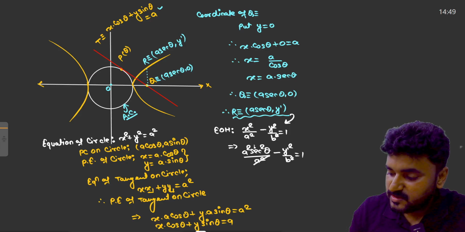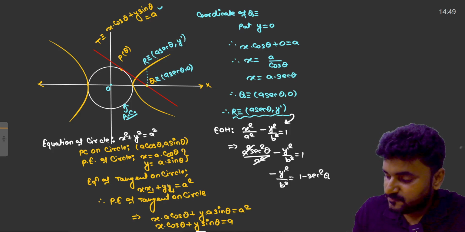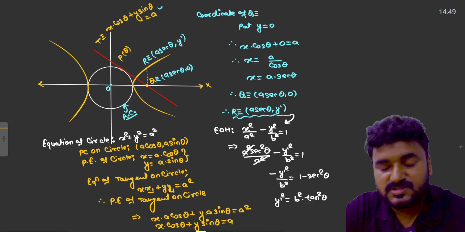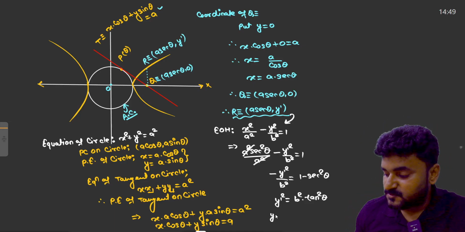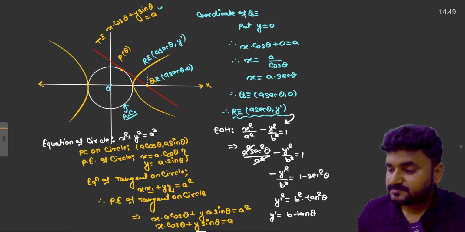So this a square will be cancelled and I can see minus y dash square by b square equals 1 minus sec square theta. So further we can write y dash square equals b square tan square theta. We can multiply by minus both sides. So therefore y dash comes b tan theta.